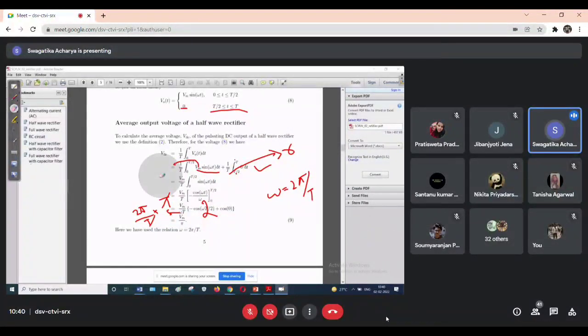Remaining you will find Vm by pi. You can check whether you are getting the same value or not.